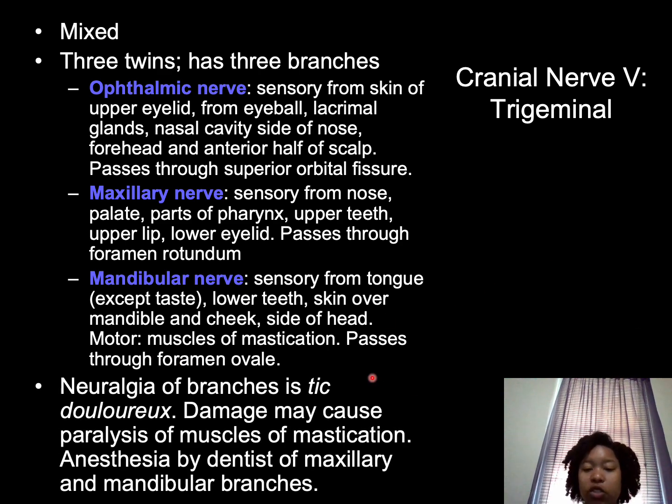And so just for clinical application, neuralgia of branches is tic douloureux. This damage can cause paralysis of the muscles of mastication. Anesthesia by dentists of maxillary and mandibular branches. So they're essentially manipulating this process.